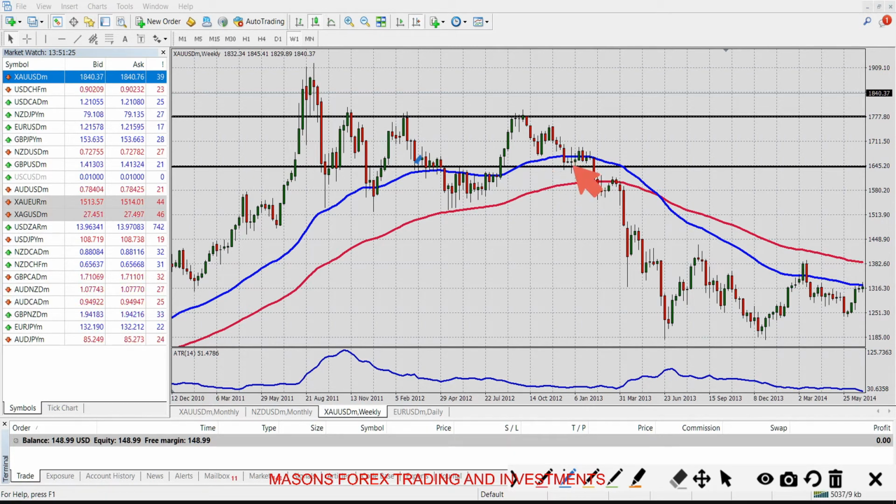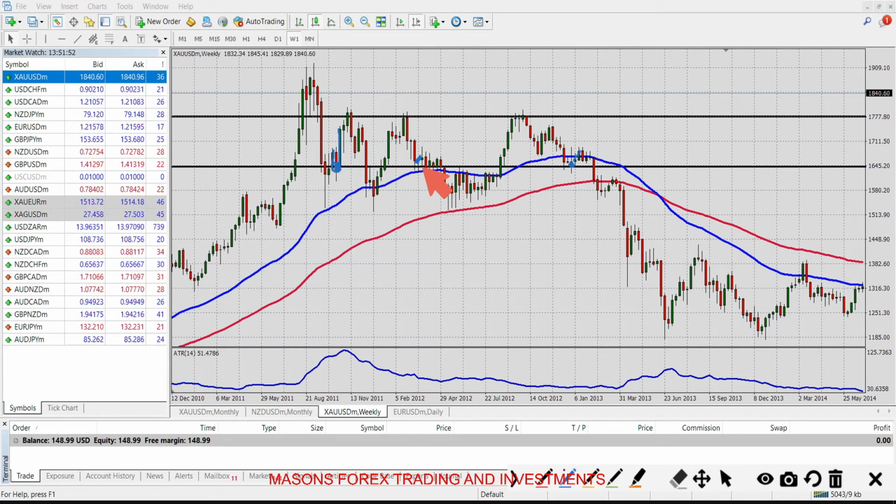Then price, for example, here reached here and moved away. So it was acting as a support. You can see this candle here. Green candle sits on it, and also the red candle sits on it, and then this big candle moves away from this area.